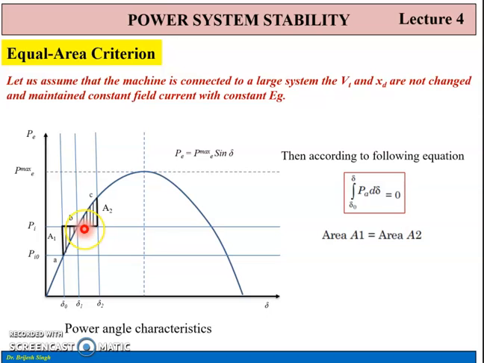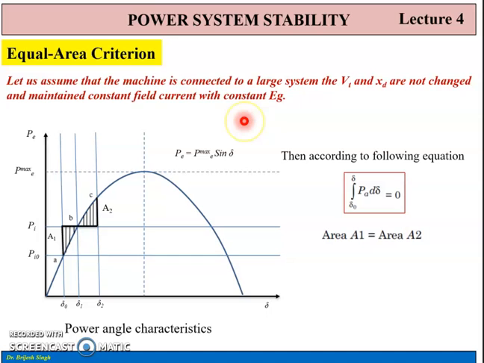On the basis of this analysis, the total area enclosed in the curve during acceleration and deceleration will be equal. So the integration over delta 0 to delta 2 of Pa d delta should be 0 for stability. So we can say that area A1 is equal to area A2.